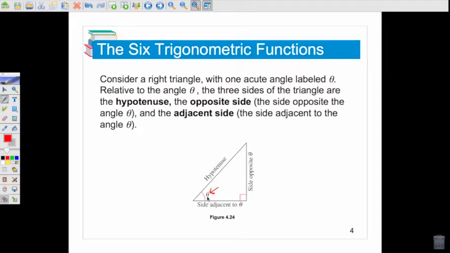Everything is related off of this particular point because we have what is opposite to theta, that's over here. We have what is adjacent to theta. Adjacent just means next to. And then the lovely word that we all know, hypotenuse of the triangle. So this is how we determine which side is which, basically. It's all in relation to whatever angle we're looking at.